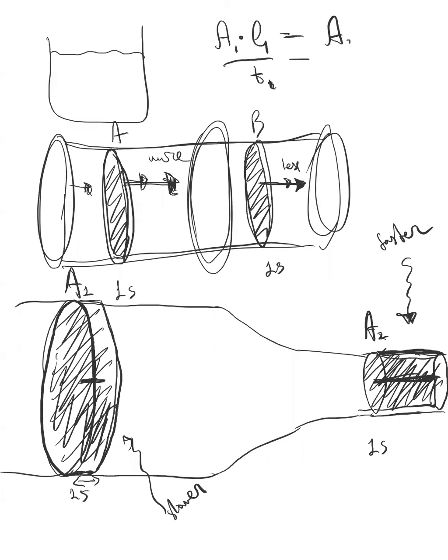So that's A2 times L2, and I will divide it by the same amount of time. So the length, quote unquote, of the liquid stream going through divided by time is velocity.